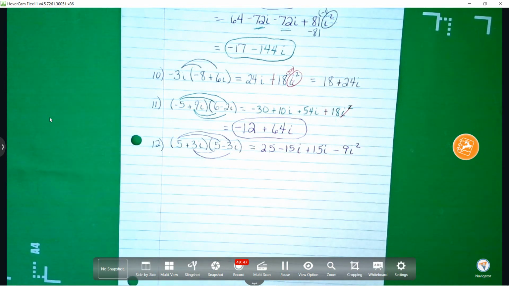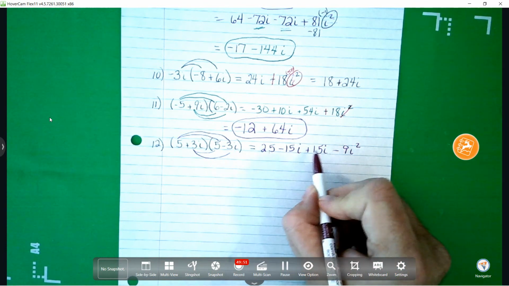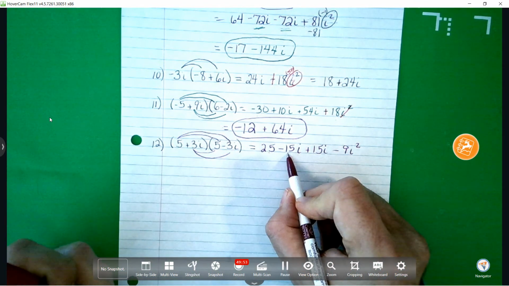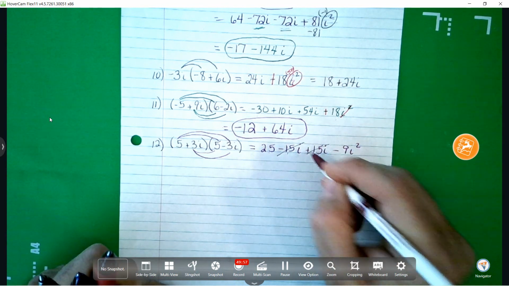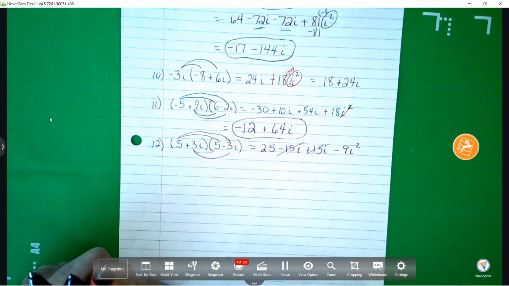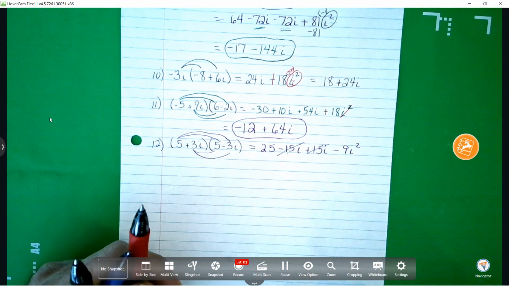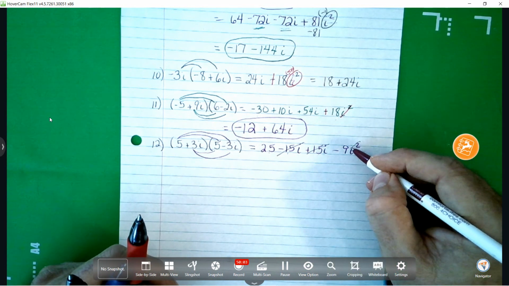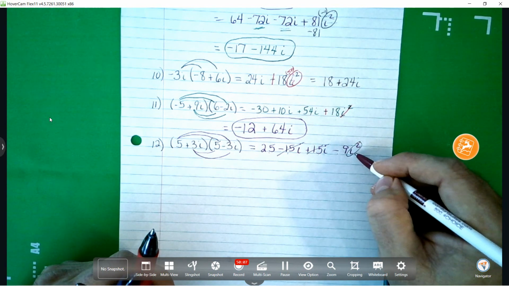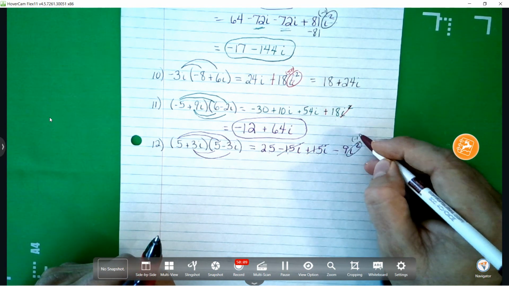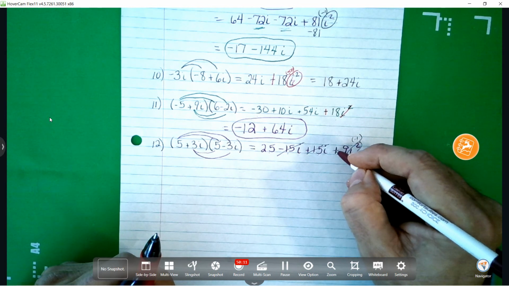Oh, this one's going to simplify real nicely. You see the 15i's, negative 15i plus 15i, those subtract out, don't they? Now, what do we do with the i squared? We say the i squared is negative 1. Negative 9 times negative 1 would just be a positive 9.